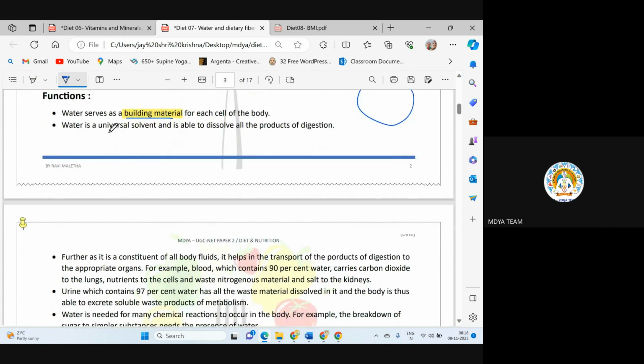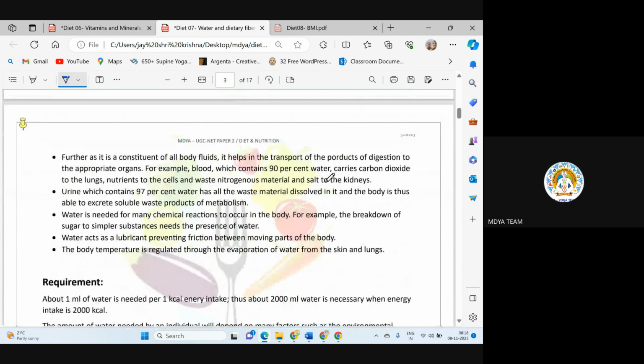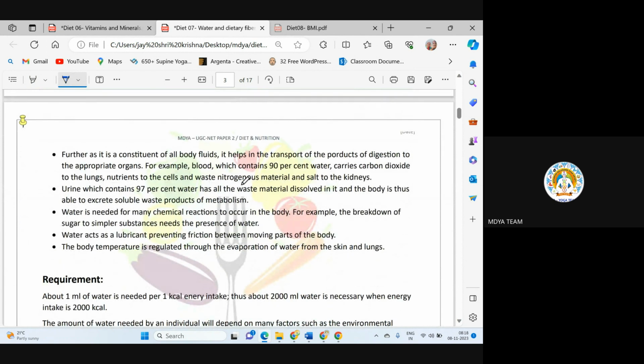Next one, water is a universal solvent and is able to dissolve all the products of digestion. In digestion, what is happening? All the nutrients, whether it is carbohydrate, protein, or fat, are all dissolved with enzymes. Enzymes also contain some amount of water. Blood has 90% water.